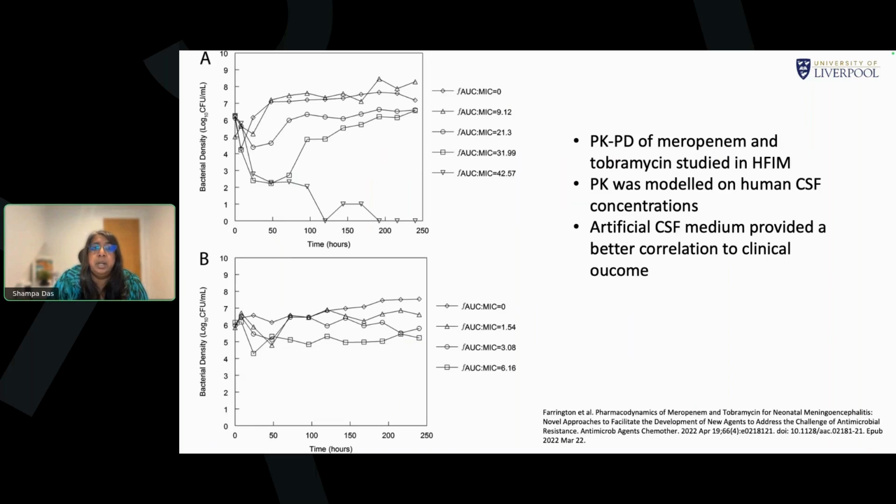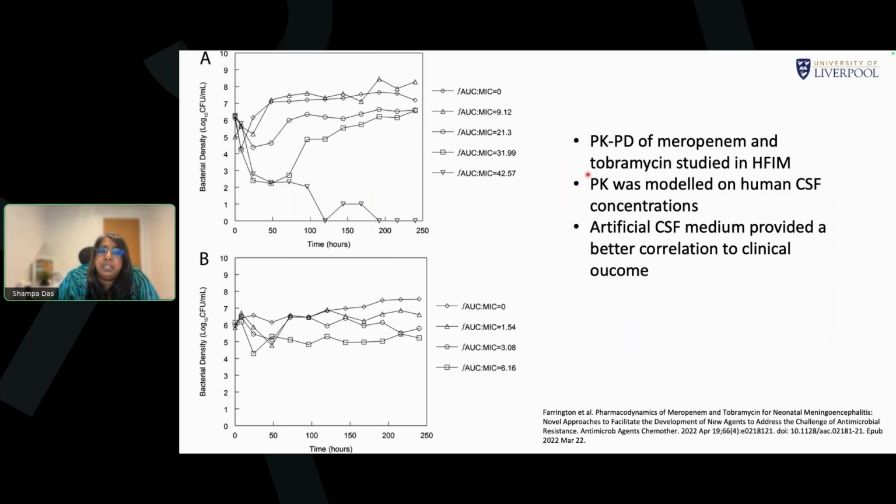Another example: we can look at plasma, but you can also look at modeling the PK at other sites. So in this example here, PK was modeled based on human cerebrospinal fluid concentrations, looking at the impact of meropenem and tobramycin. And again, this was for clinical neonatal meningitis.